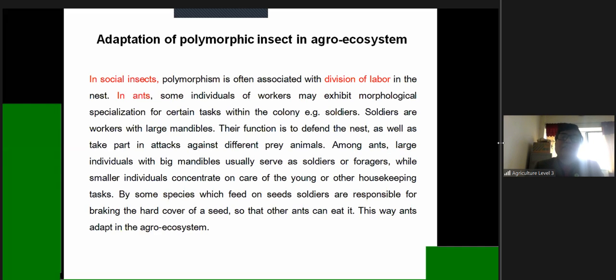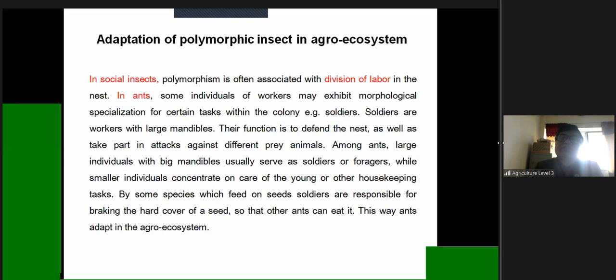Soldiers are workers with large mandibles. You see, we know the workers is a caste, but soldier is not completely different caste, but soldiers are little bit modified workers. In case of ants, soldiers are workers with large mandibles. That means they have very large and strong mandibles.